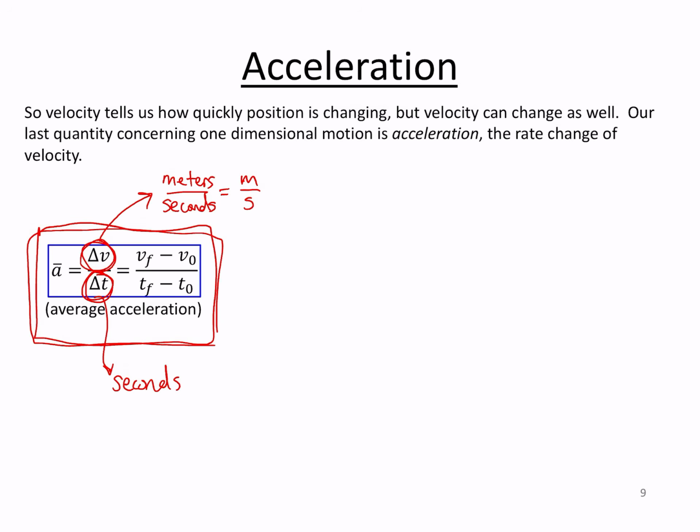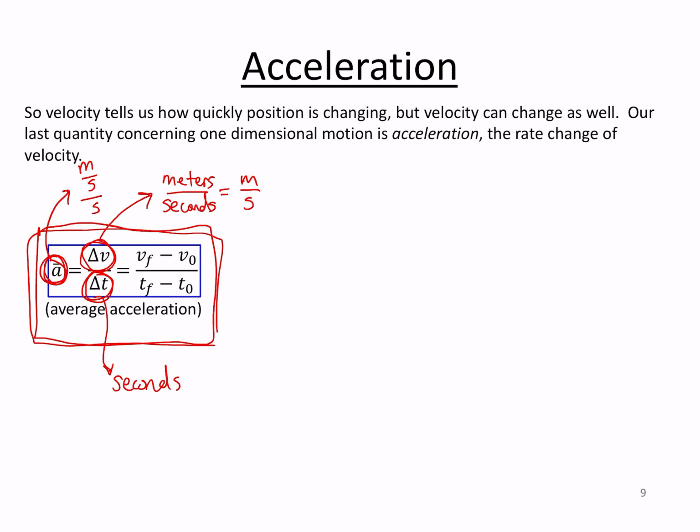So when we're looking at the units of acceleration, which is equal to delta v over delta t, that's meters per second, which is a little difficult to say.